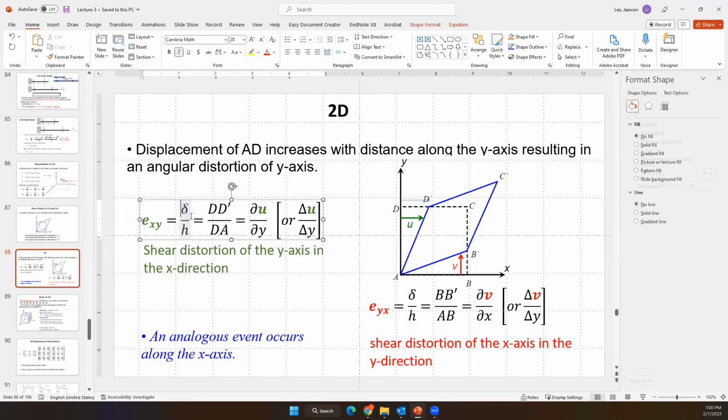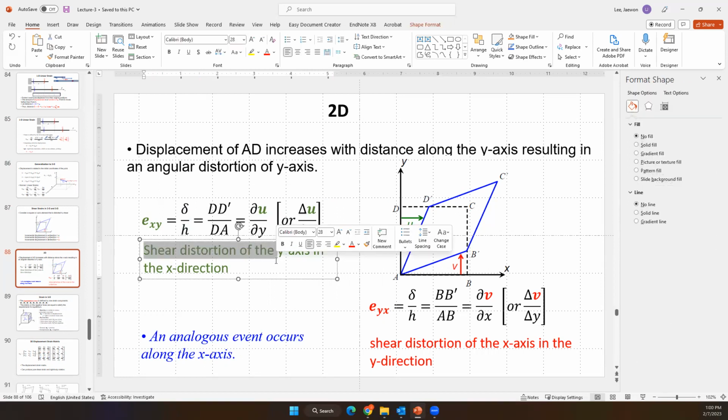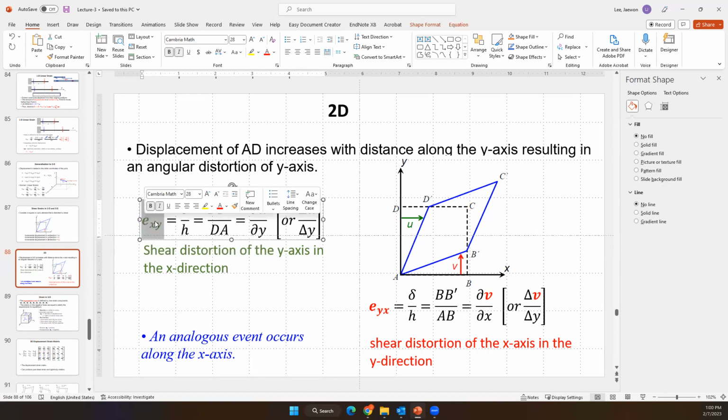So the shear distortion of the y-axis in the x direction is defined by exy, and it is related to delta over h.